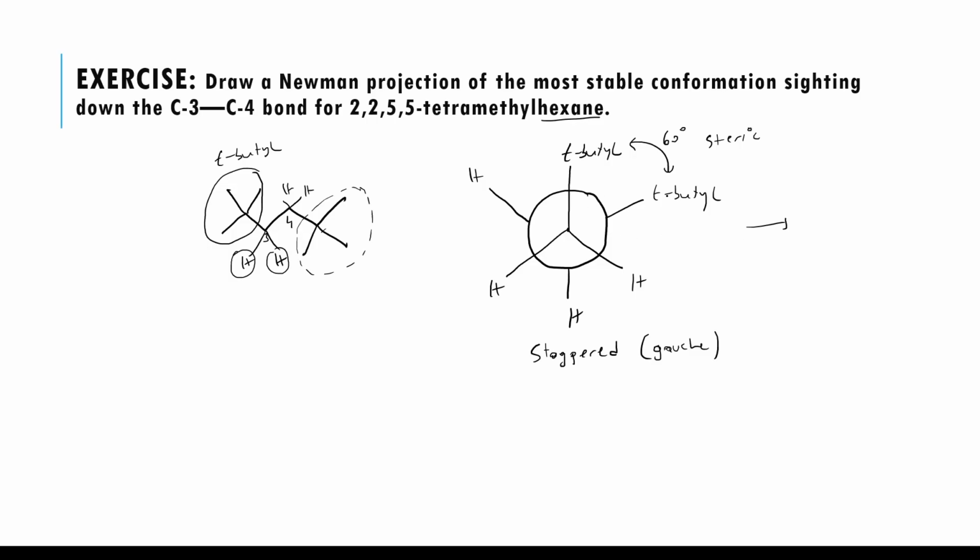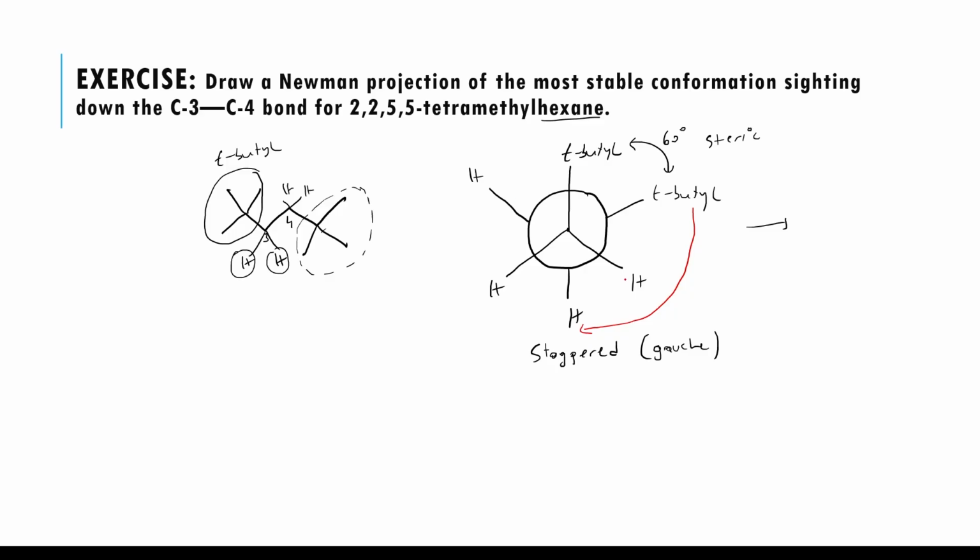Then we have to basically rotate the back or front carbon 120 degrees so that we can generate other staggered conformers. So for that reason, I'm going to rotate the back positions 120 degrees. So I'm going to move this t-butyl here.